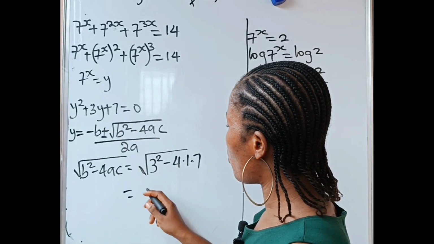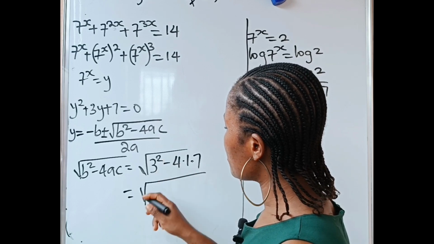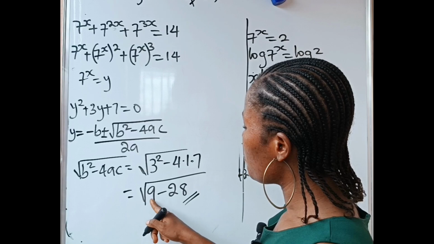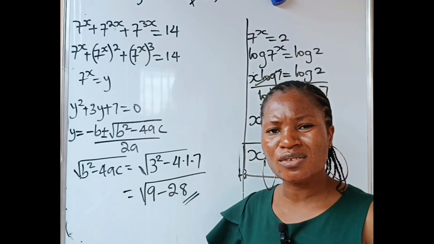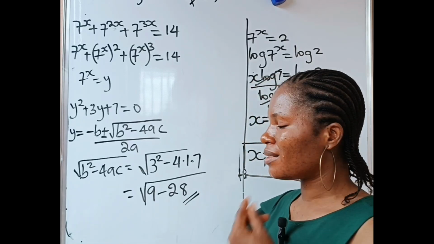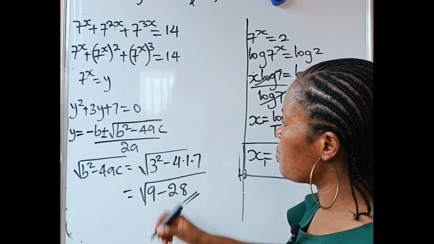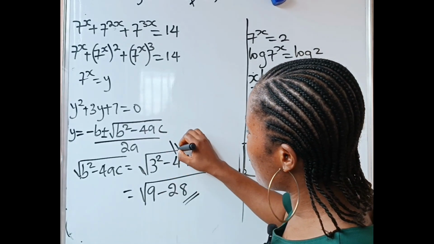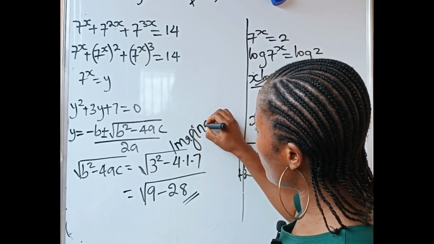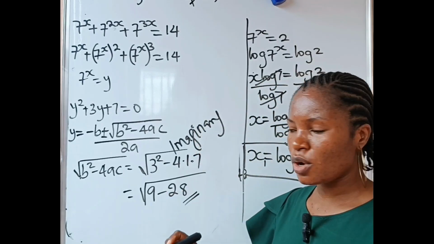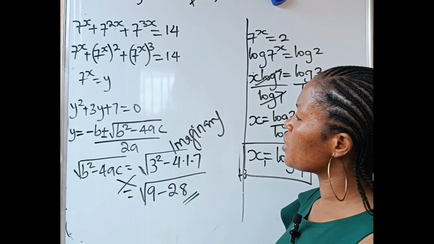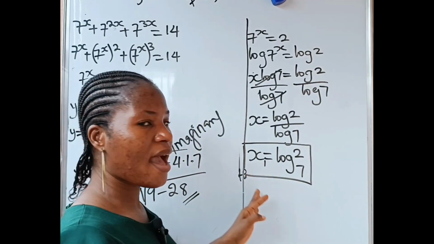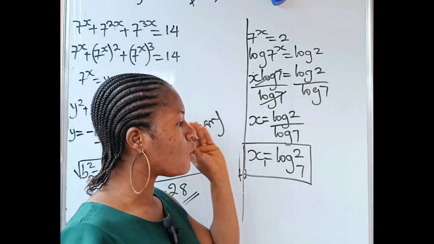This is equal to the square root of 3 squared, which is 9, minus 28. You can see that 9 minus 28 gives us a number that is less than 0. That simply means that if we keep solving this, we are going to get something imaginary. Because we don't need imaginary results, we just stick with the only real result that we got, which says that our x is equal to log 2 base 7.